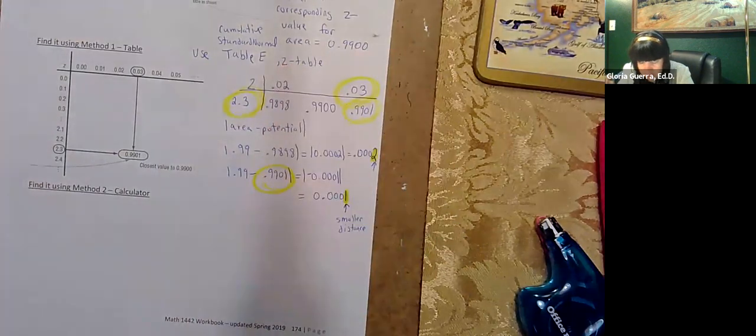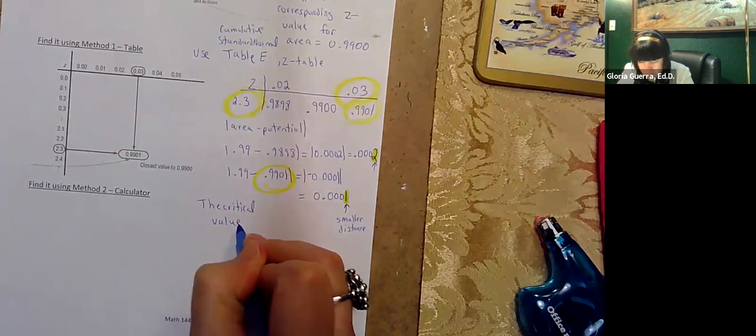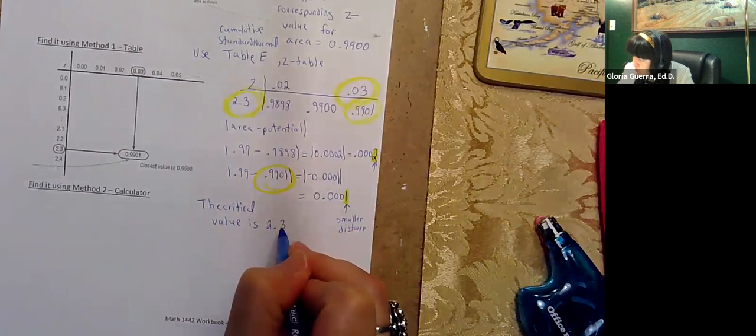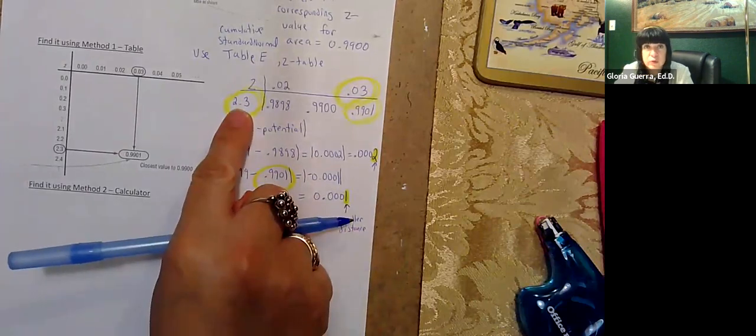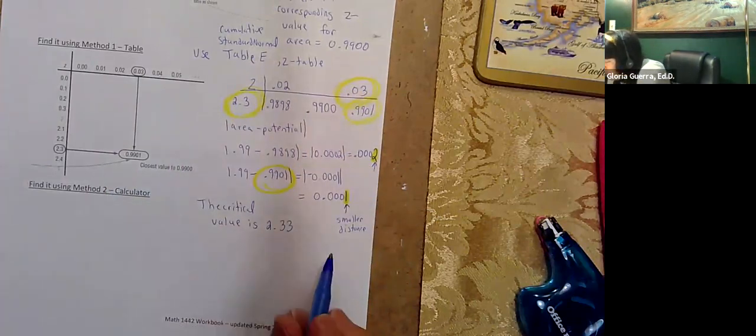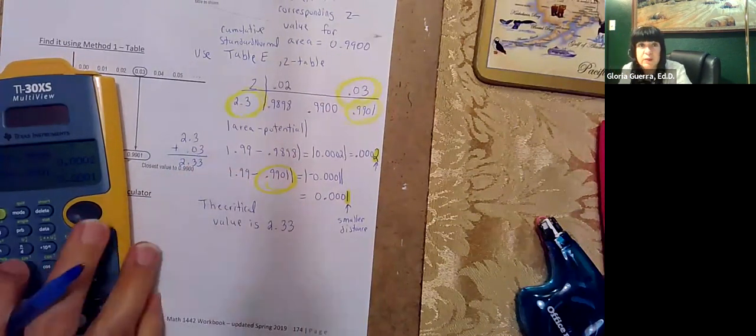And what we're doing is we're finding the critical values. So the critical value is 2.33 because it's this 2.3 and then 0.03. So it's like you're adding the 2.3 plus the 0.03, which gives you 2.33.